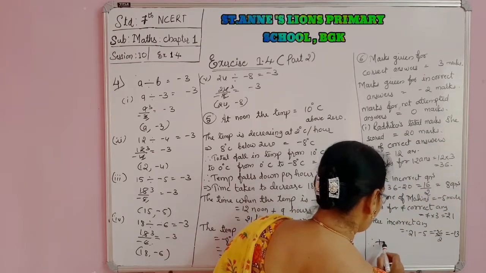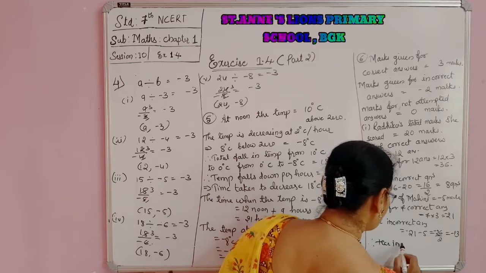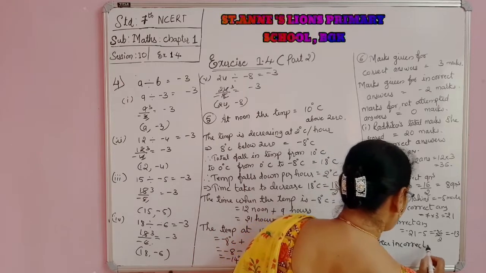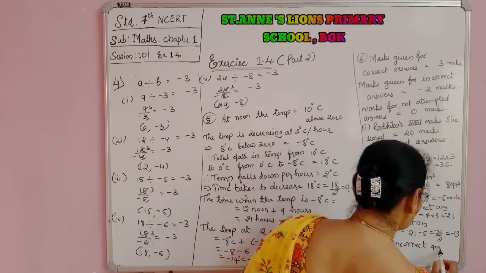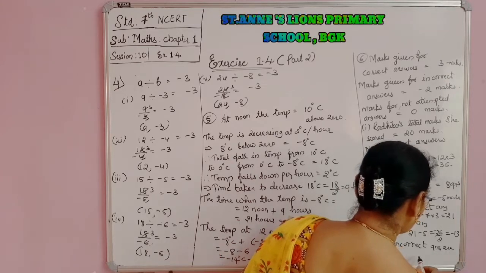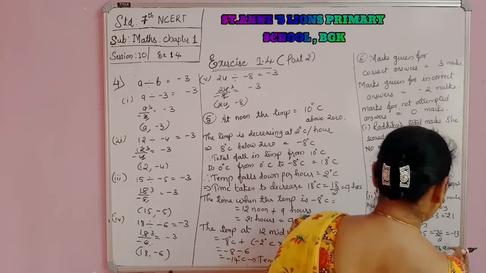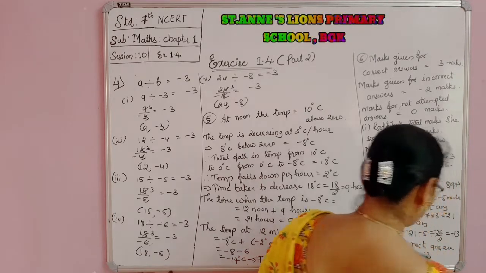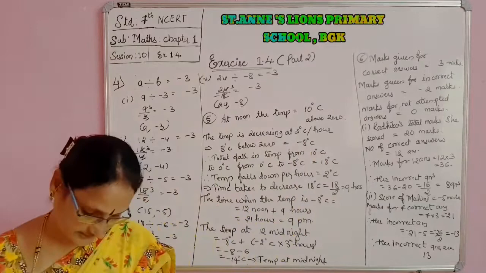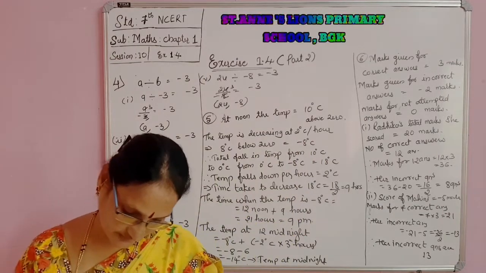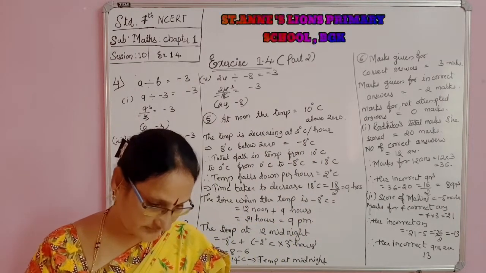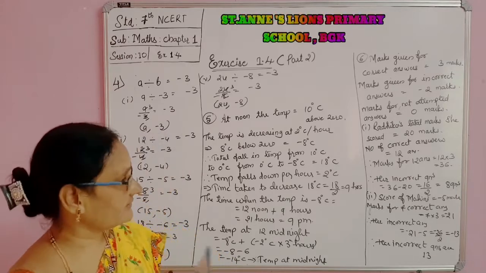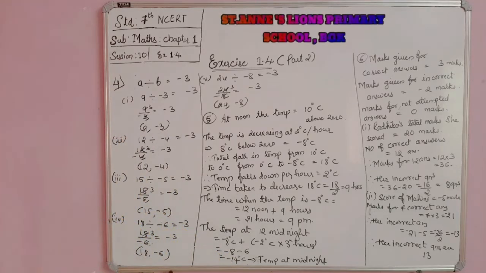Therefore her incorrect questions are 13. So this is the sixth problem. Then the last one is the seventh problem. You copy this.